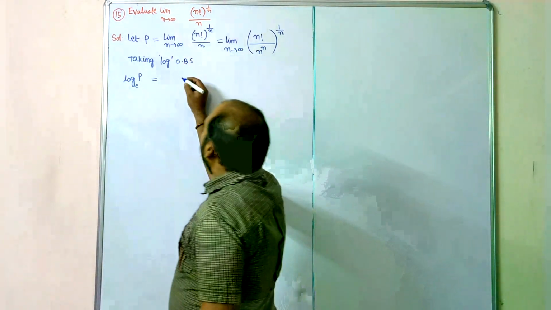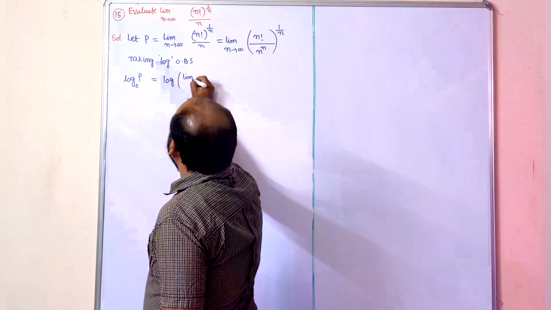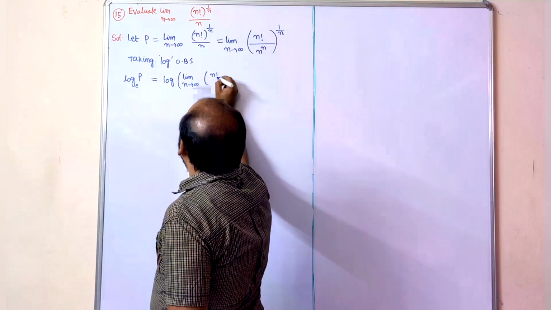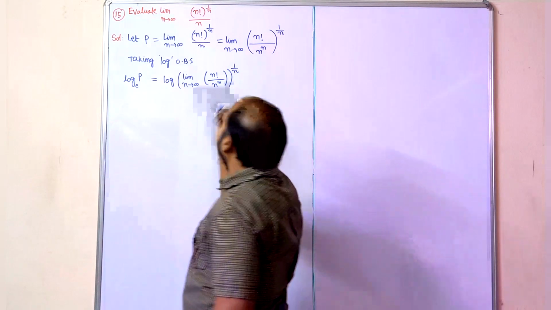So whenever we are taking log of limit n tends to infinity (n factorial by n power n) whole power 1 by n.